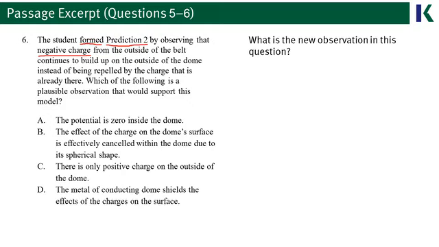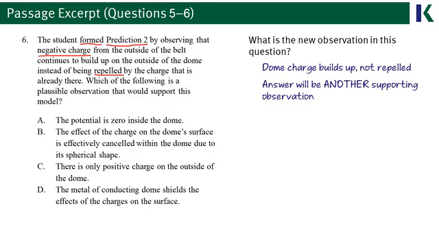Even though there's already negative charge on the dome, usually negative repels a negative, but that negative charge keeps on building up. That's what caused the student to believe prediction 2, because the dome charge builds up, it's not repelled. Remember, prediction 2 was the one that said there is a measurable field that brings electrons from the belt to the dome.